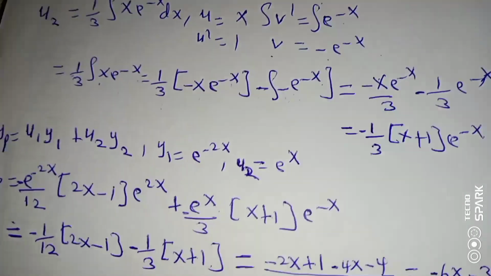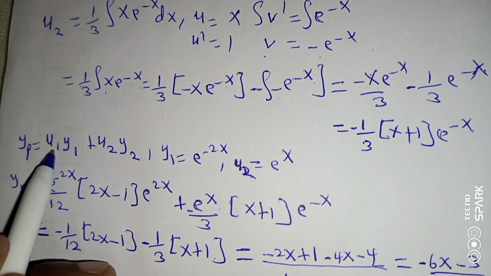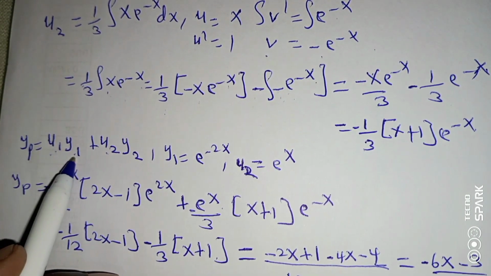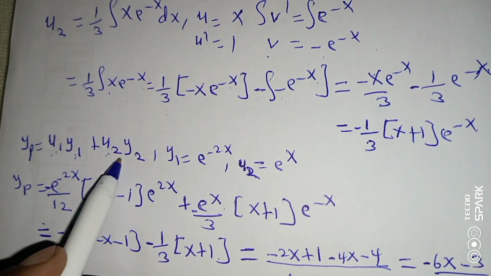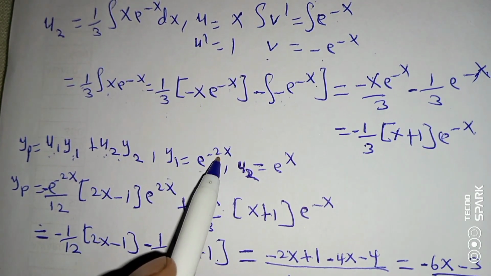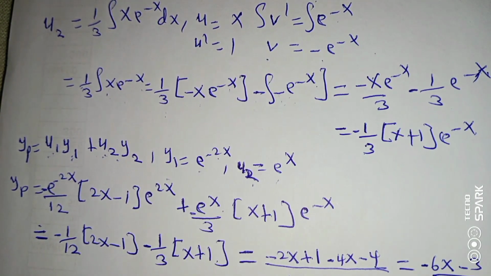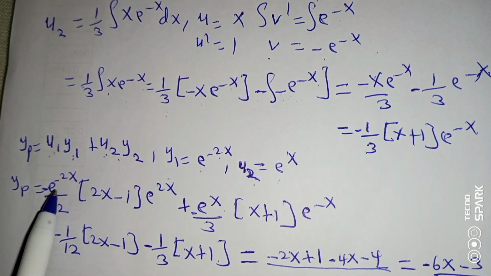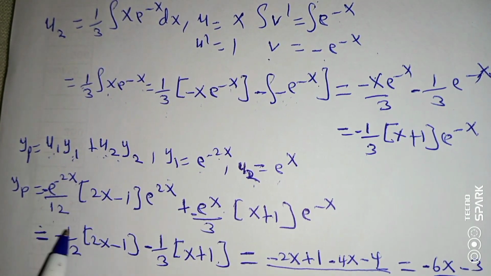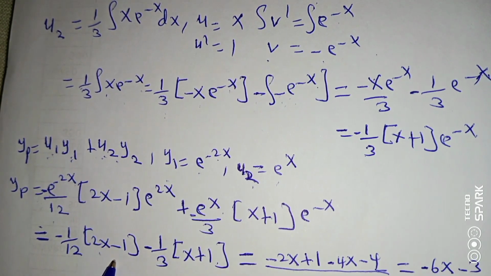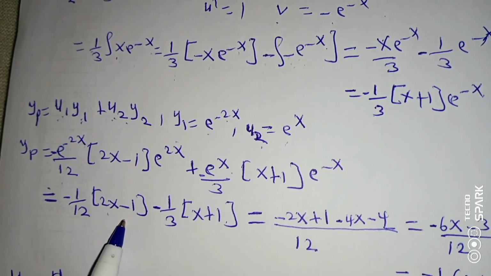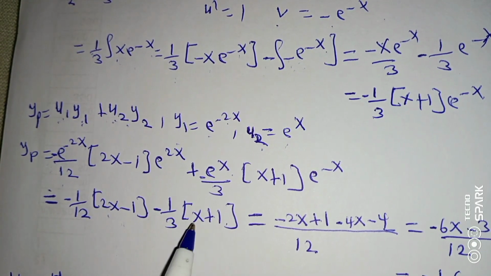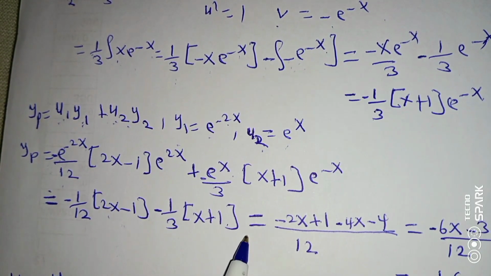Now, our particular solution is given by u1 y1 plus u2 y2. Our y1 is exponential negative 2x, our y2 is exponential x. So substituting, we shall have negative exponential negative 2x over 12 into bracket 2x minus 1, minus that into bracket x plus 1, we close the bracket.